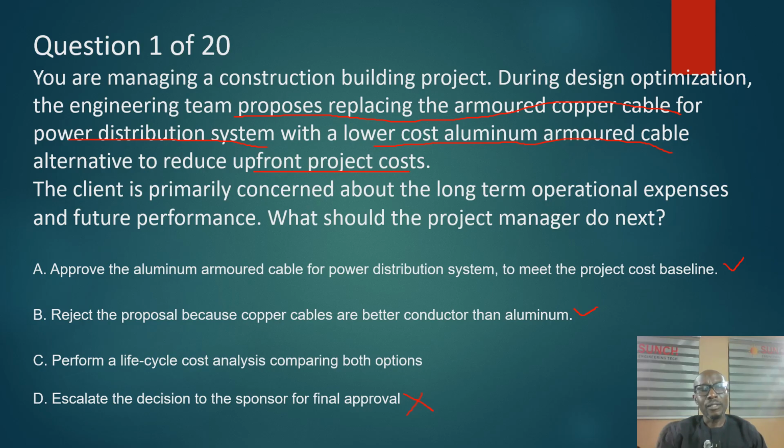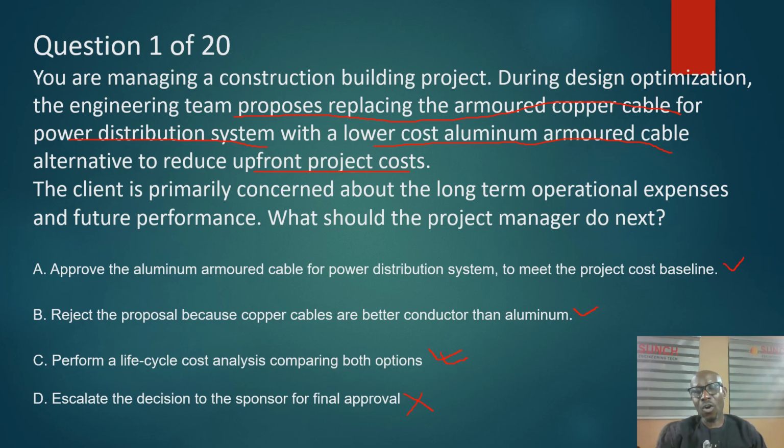Then C, perform a life cycle cost analysis comparing both options. This looks more like it. You analyze between copper and aluminum. You form a table, copper on one side, aluminum on another side. You analyze quality for quality.